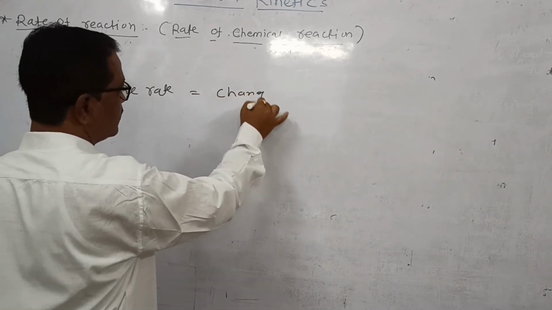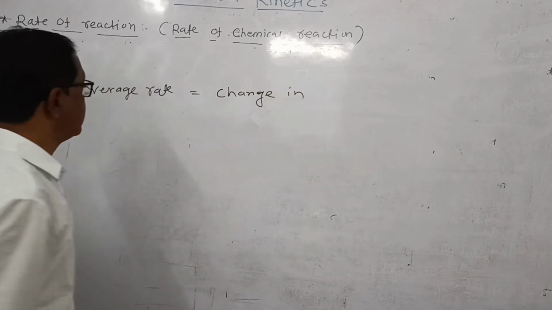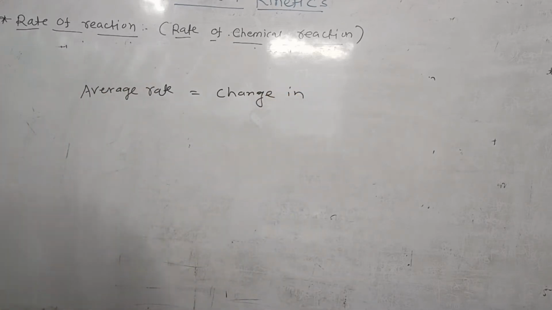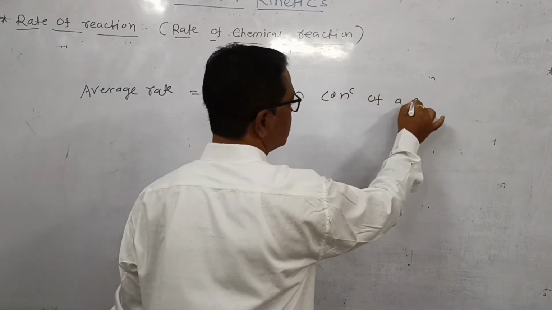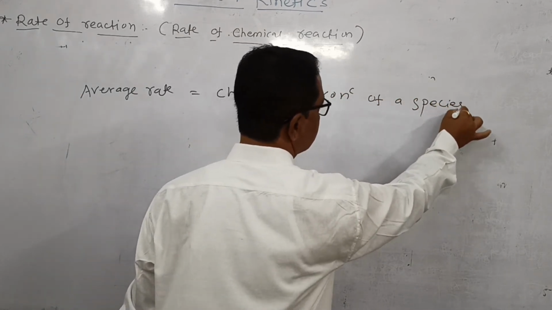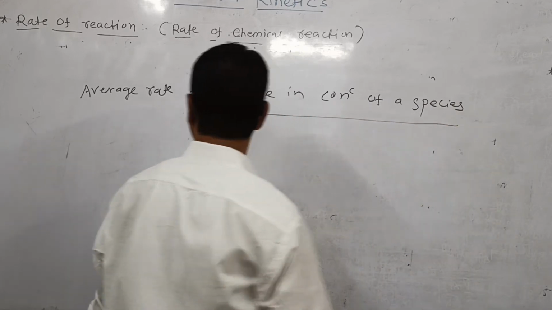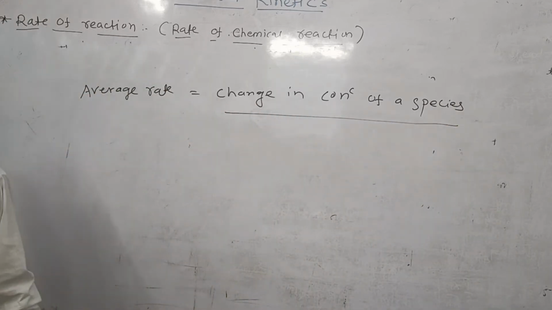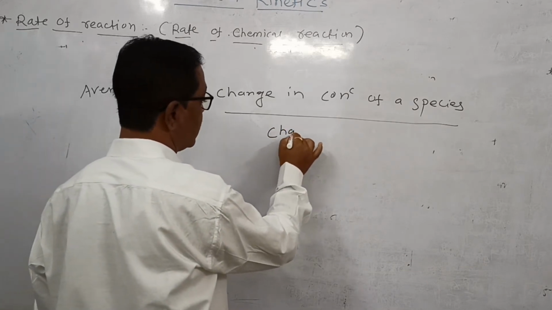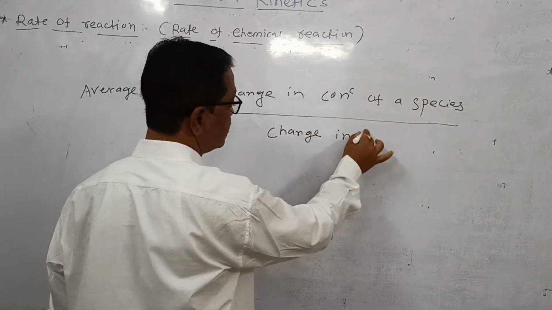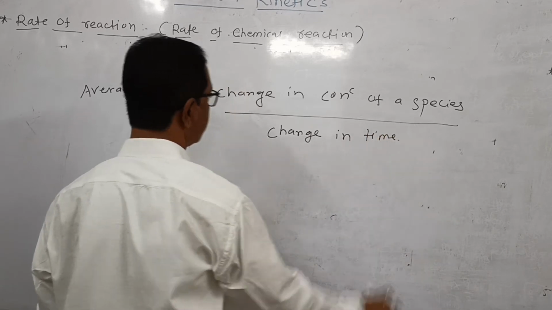Average rate: change in concentration of a species upon change in time.